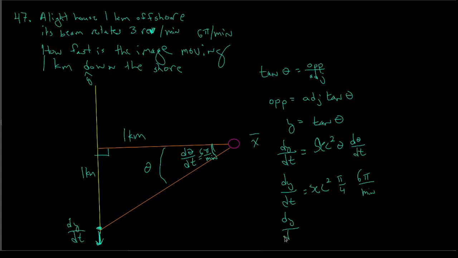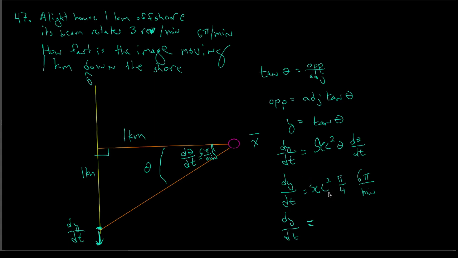And so dy/dt is going to turn into 6 pi kilometers per minute. Right? Because pi over 4... oh, wait, it's the secant of pi over 4. I was doing the tangent. Let's see, what is the secant? Secant is 1 over cosine.